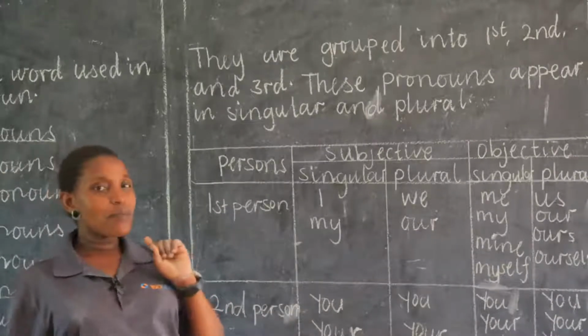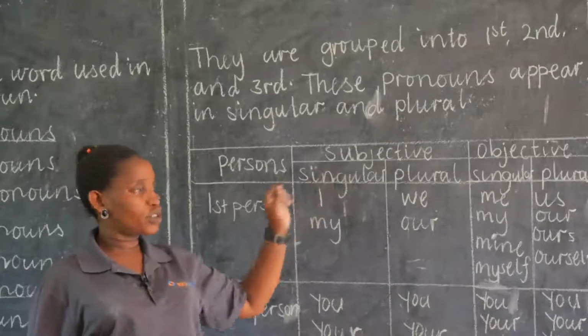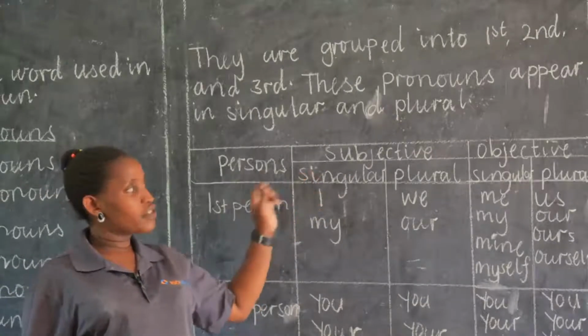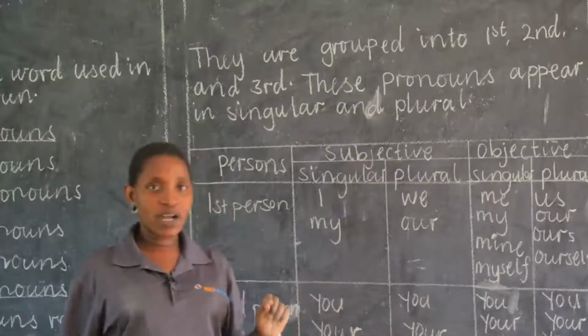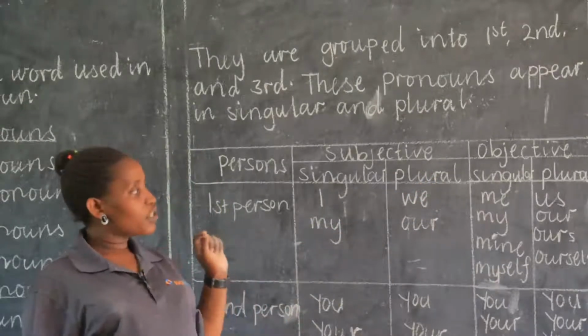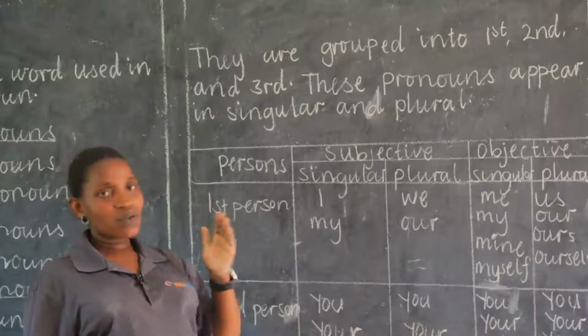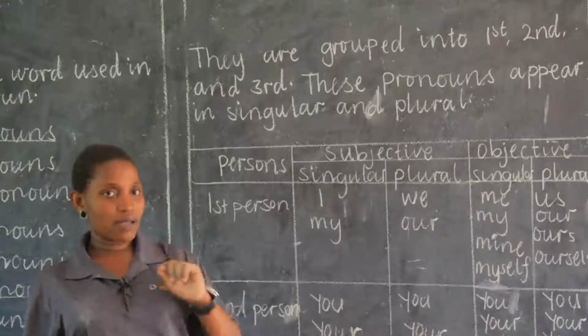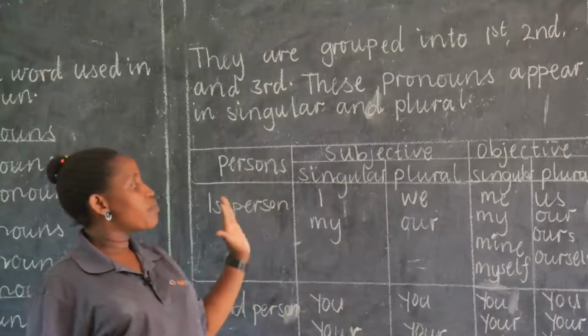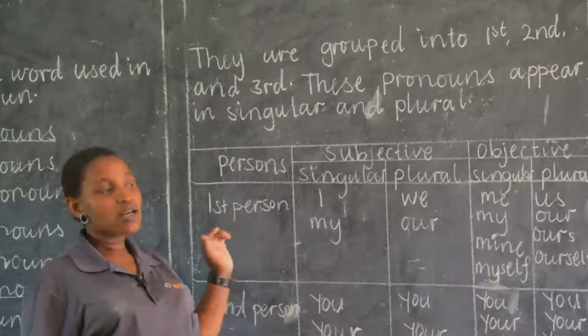Now, under pronouns, we have what we call the subjective pronouns, and then the objective pronouns. Subject, what do we mean? When we are constructing an English sentence, it has some parts. The one which begins is what we call the subject.